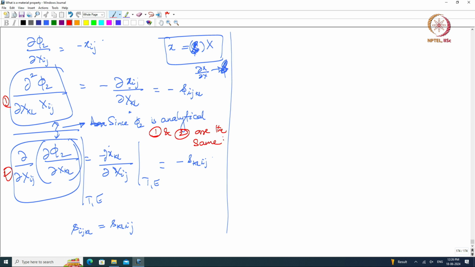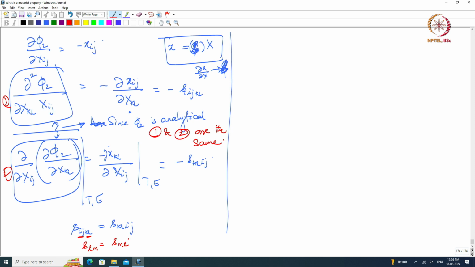Okay. As a result, in Voigt notation, these will condense as ij will have one index, kl will have another index. So, this will be slm, that should be equal to sml, right.